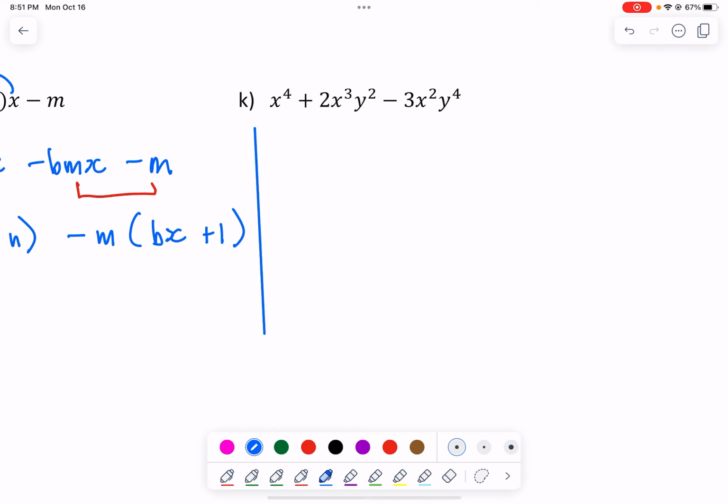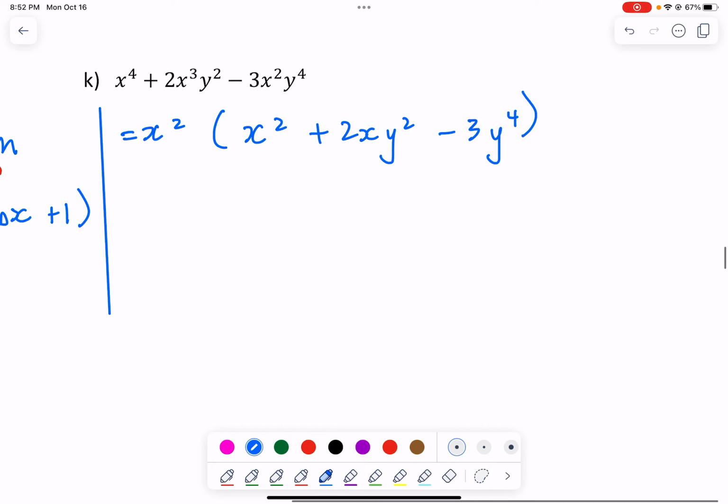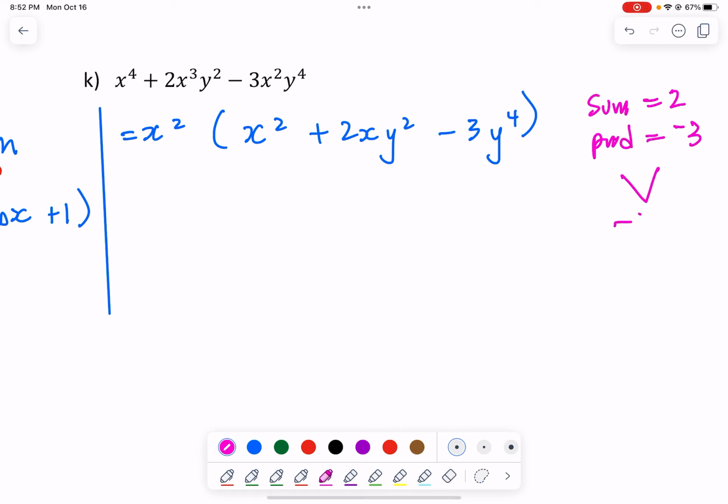Okay. I'm going to factor out an x squared, and then we're left with x squared plus 2xy squared minus 3y to the 4. So if I'm looking at this, I want a sum of 2 and a product of minus 3. So our two numbers would be plus 3 and minus 1.